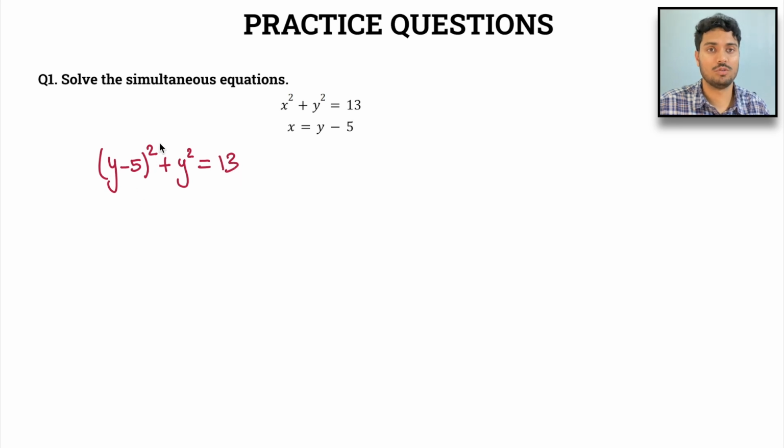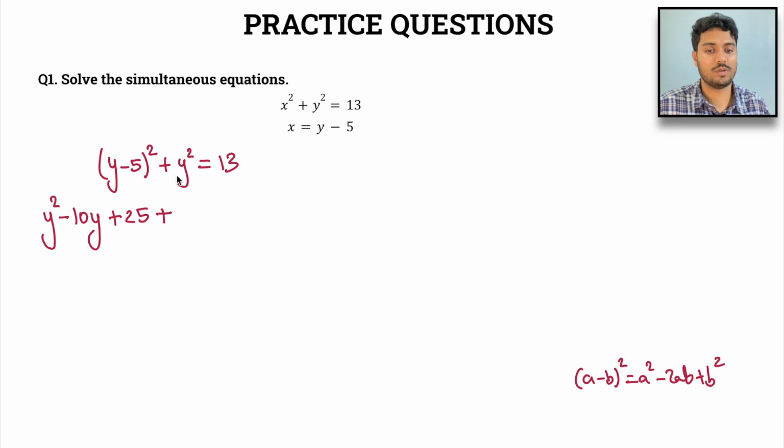For y minus 5 the whole square, we can apply the identity: a minus b the whole square is a square minus 2ab plus b square. Use this identity to expand. We get y square minus 10y plus 25 plus this y square equals 13.